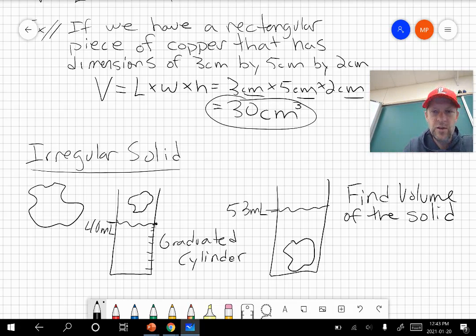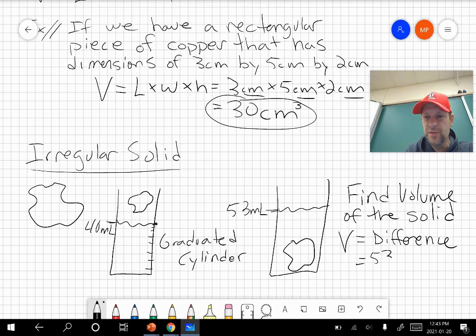So if the water level was at 40 milliliters and you dropped your piece in and it went up to 53 milliliters, then the volume is simply the difference, 53 milliliters minus 40 milliliters. Actually, I'm going to rewrite that. I'm going to say the volume equals the difference, just so you guys have that in your notes.